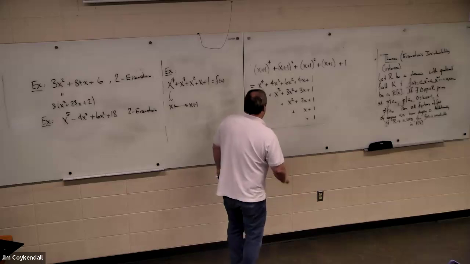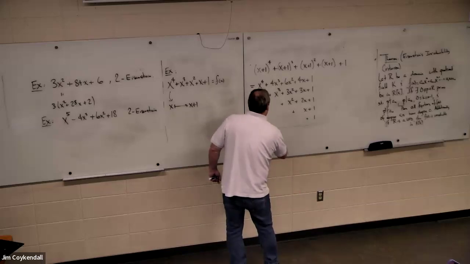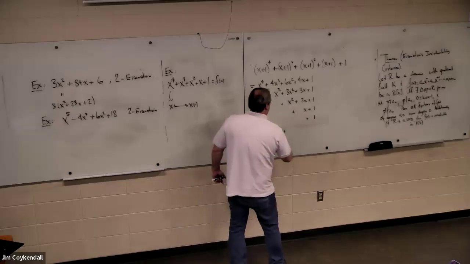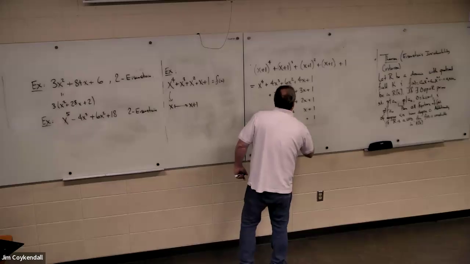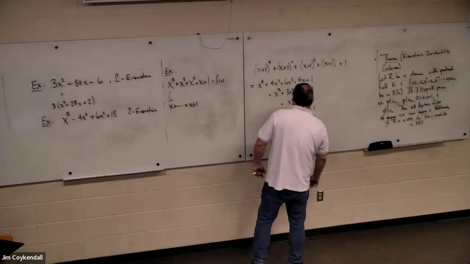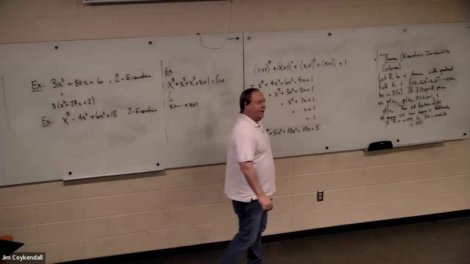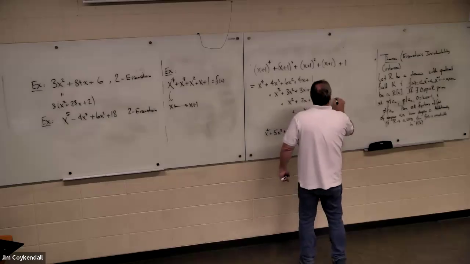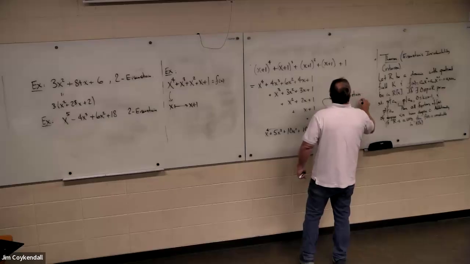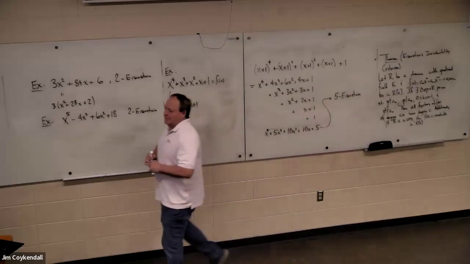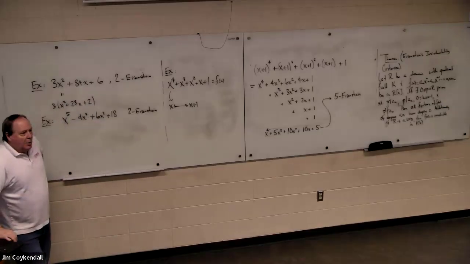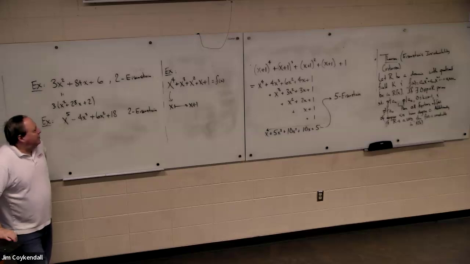And this comes out to be x to the 4 plus 5x cubed plus 10x squared plus 10x plus 5. And all of a sudden, after this change of variables, this is 5 Eisenstein.